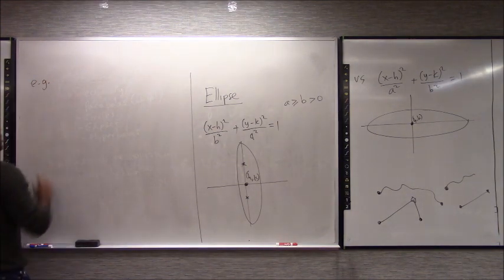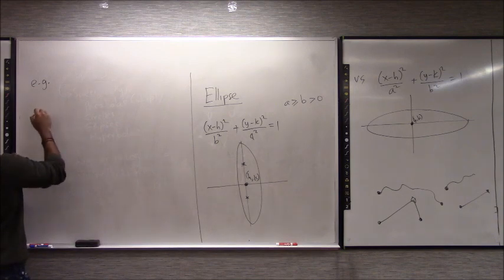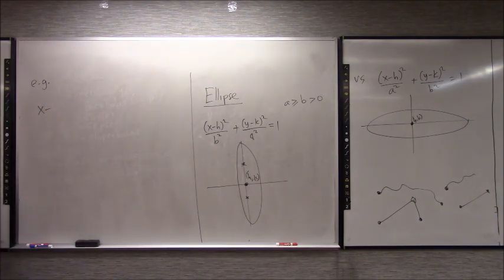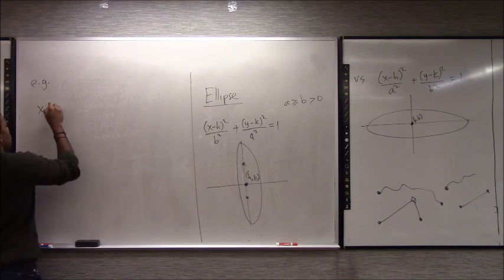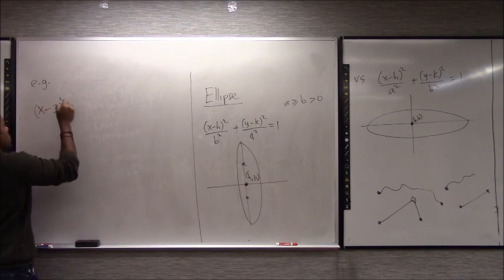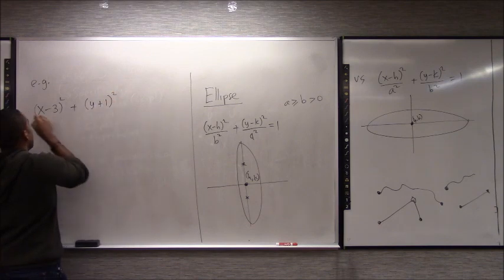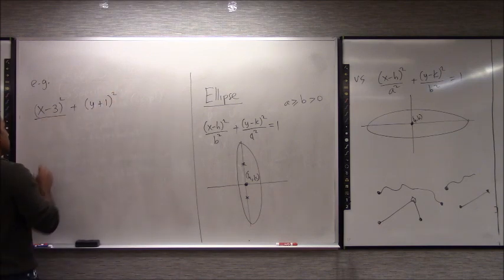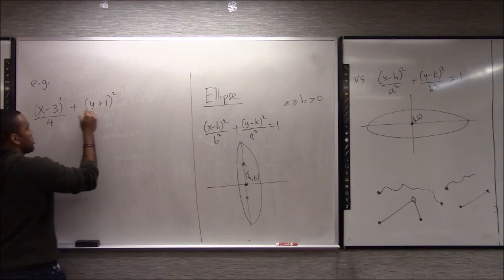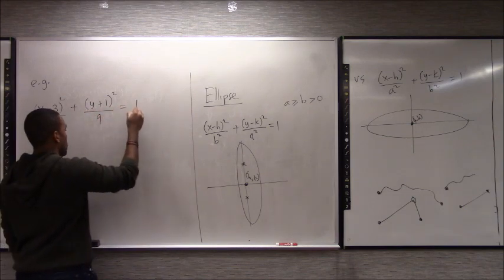Example. Suppose I have an ellipse that looks like this. Let's say x minus 3 squared over 4 plus y plus 1 squared over 9 equals 1.